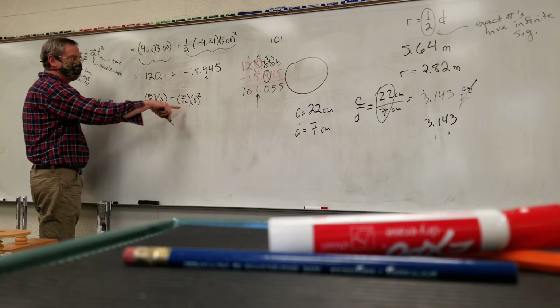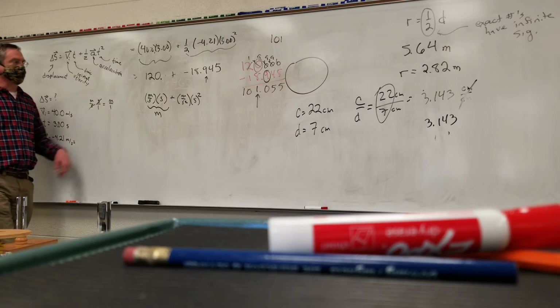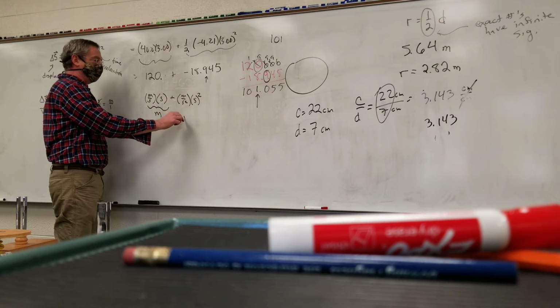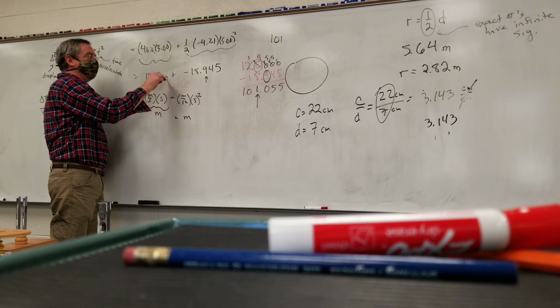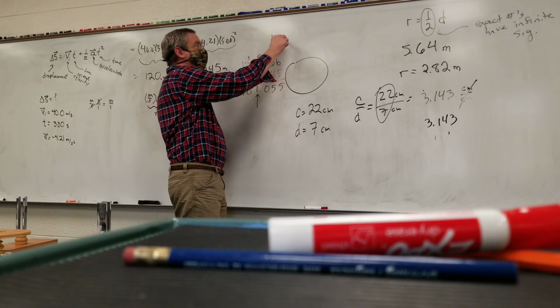And over here, what would that reduce to? Meters. Because this is a second squared, canceling out with that second squared, and what I'm left with is meters. And so that's 120 meters minus 18.945 meters, and so we end up with meters in the end.